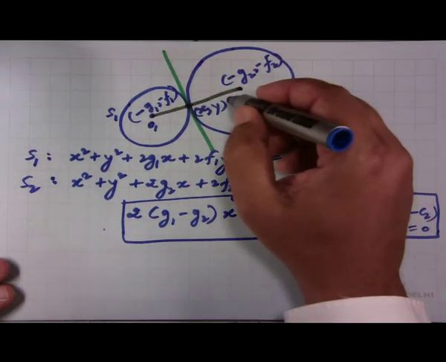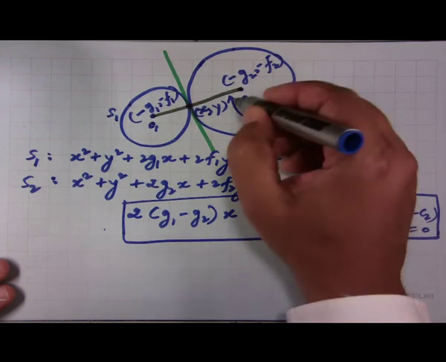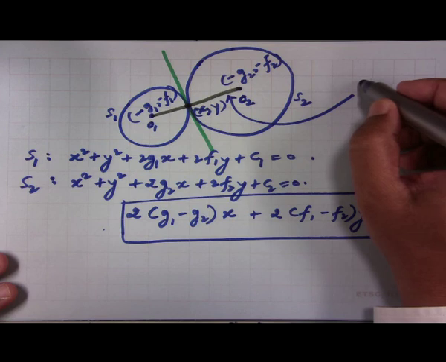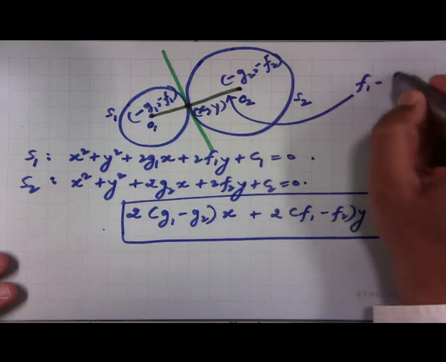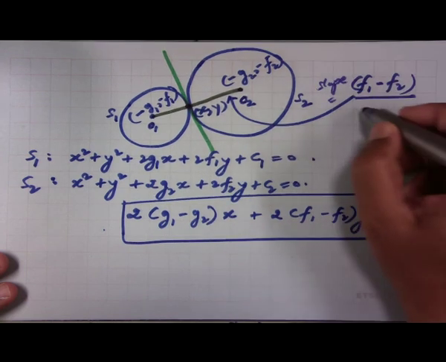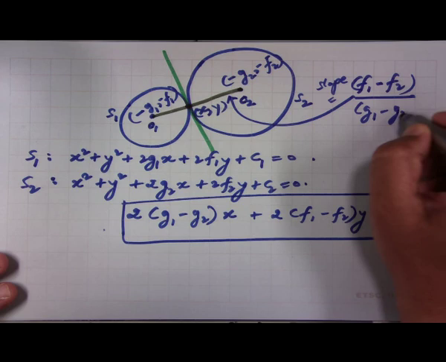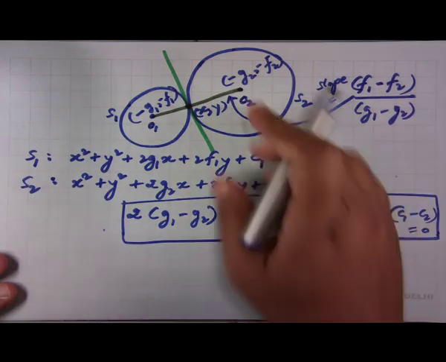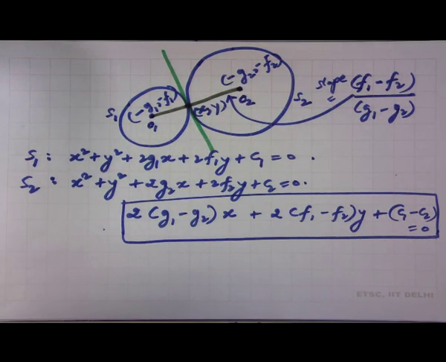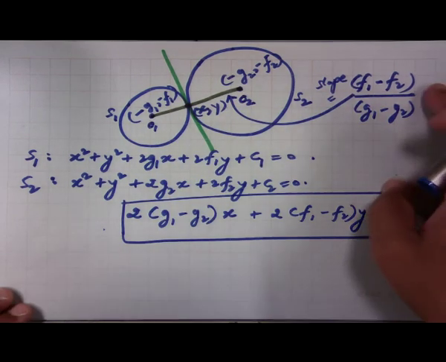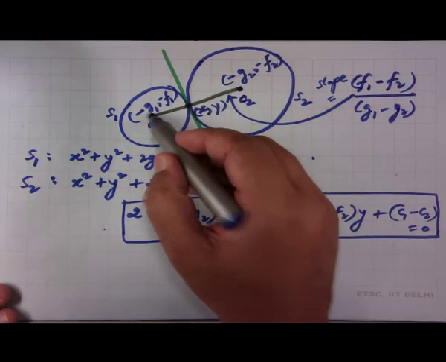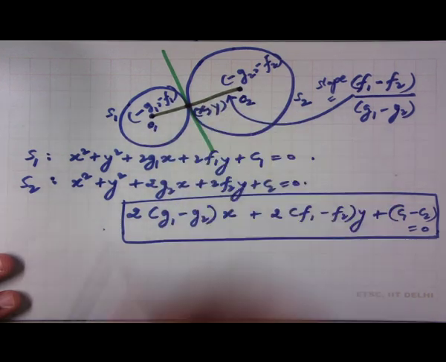Now, the slope of the line joining the two centers is equal to (f1 - f2)/(g1 - g2), because this follows from the coordinates of the two centers. So, this is the slope of the line joining the centers of the two circles.